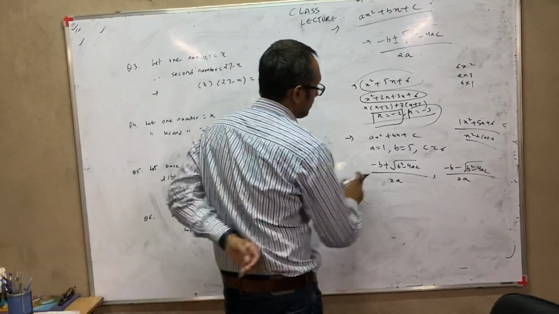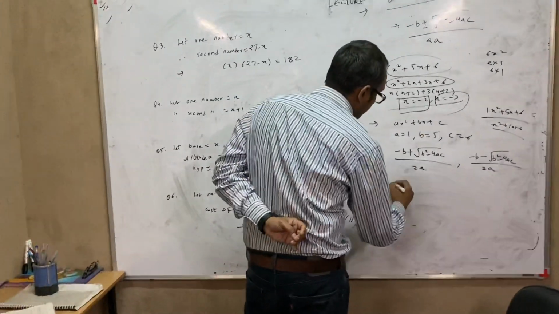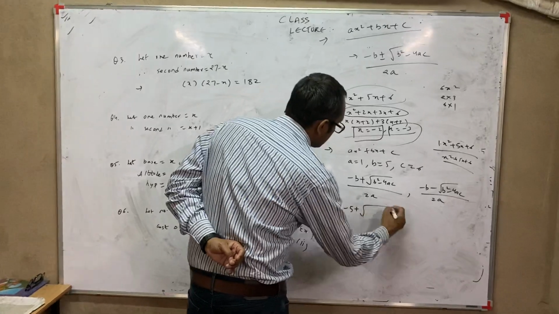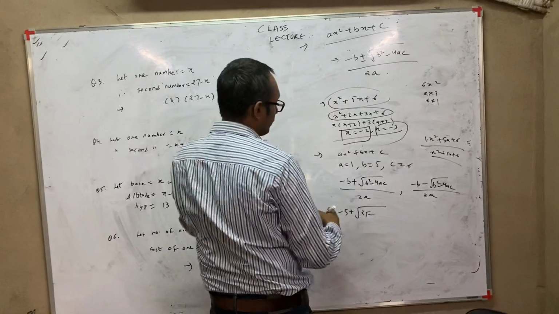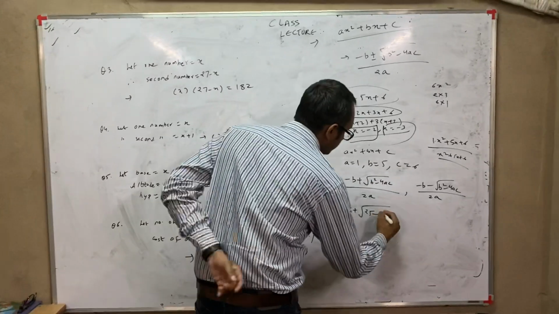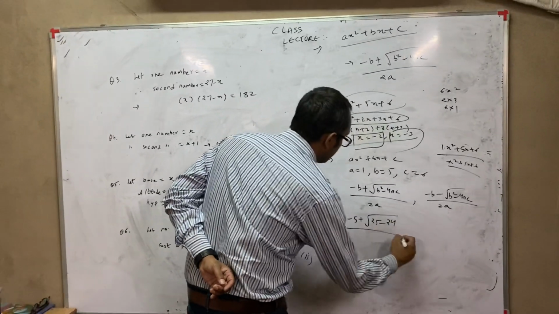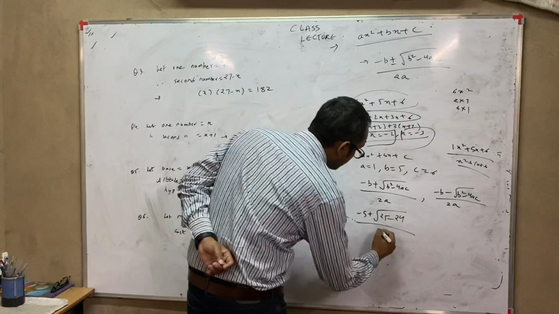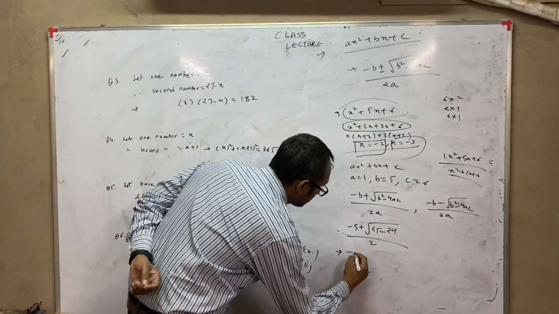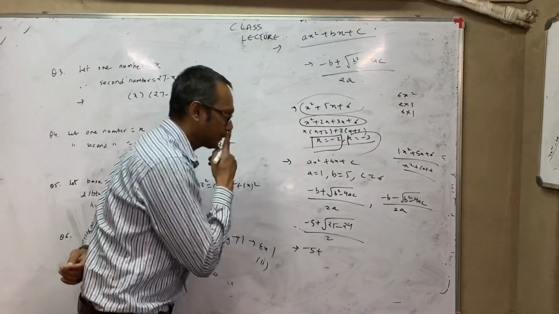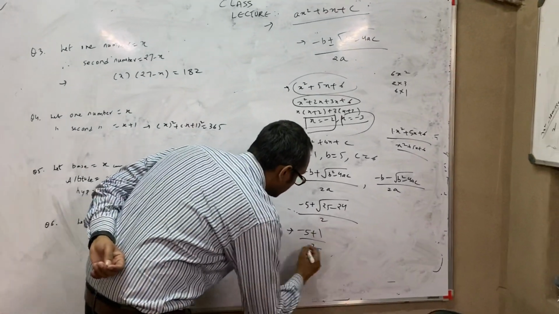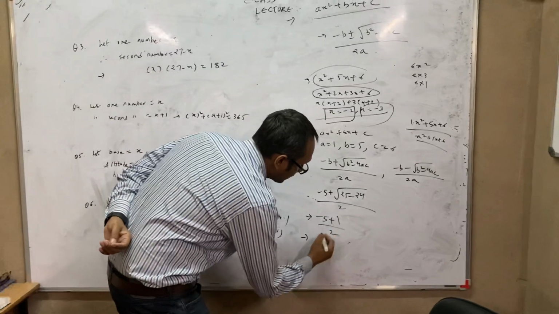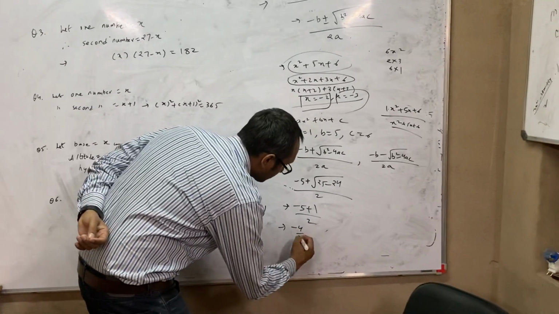Now minus b, b is 5, so minus 5 plus, b square, 5 square is 25, 4ac, 4 into 1 into 6 is 24, and then 2a, a is 1, so 2. So minus 5 plus root of 25 minus 24 is 1, and the root of 1 is 1. So minus 5 plus 1 is minus 4 upon 2.